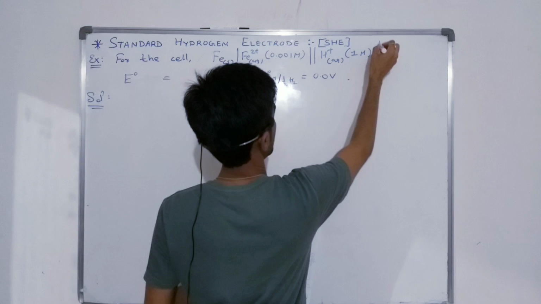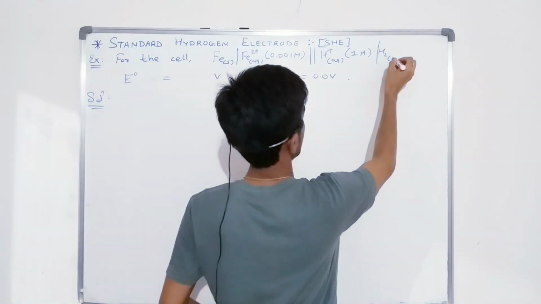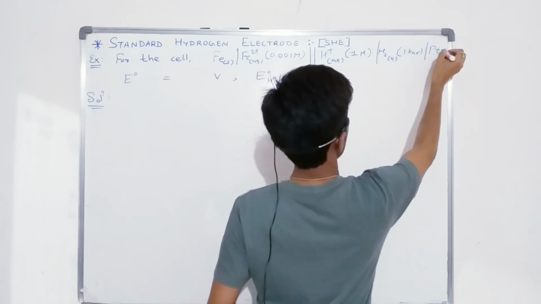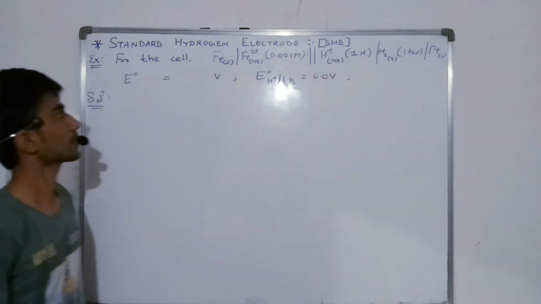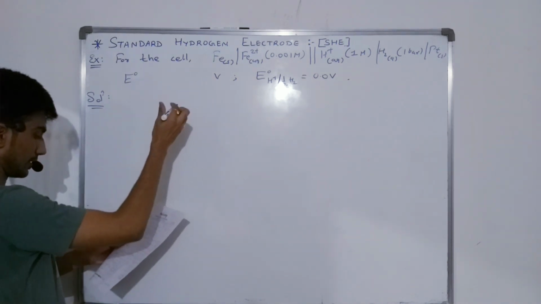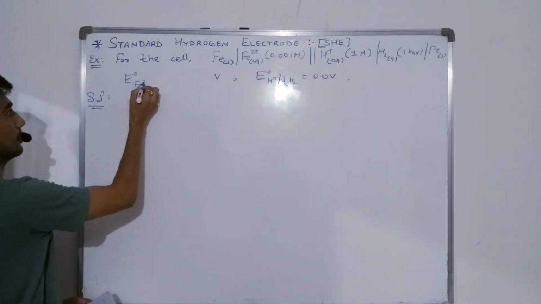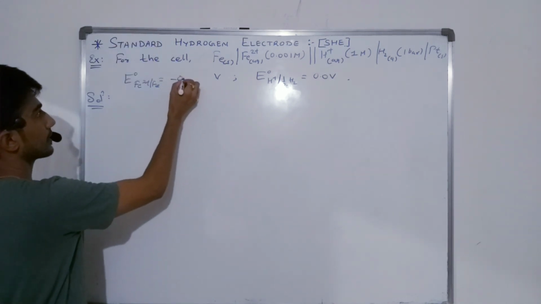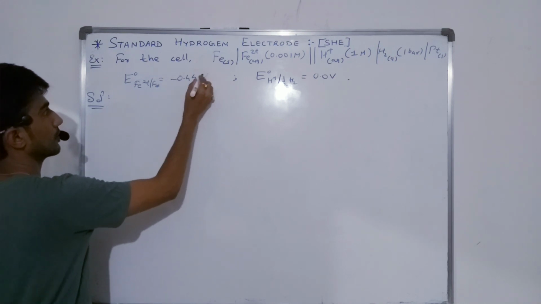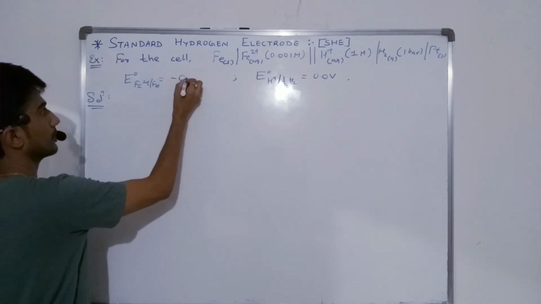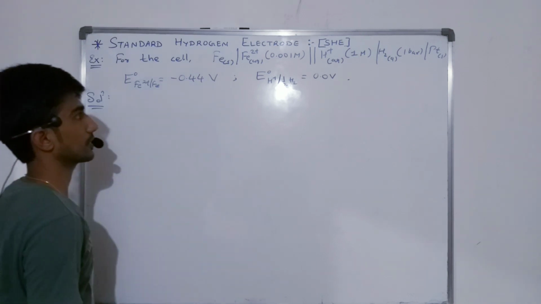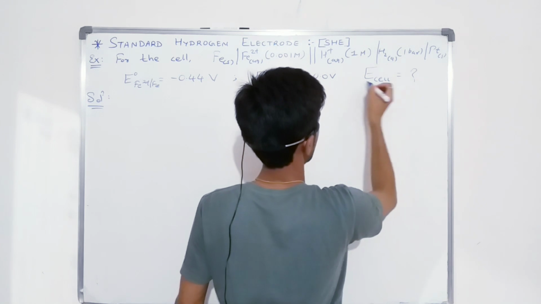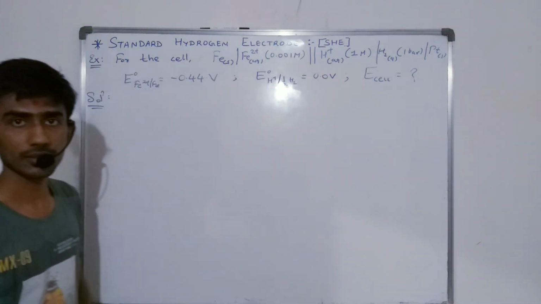They have given 1 molar H2 gas, 1 bar, platinum solid. Standard reduction potential of iron is minus 0.44 volt, and they have told you to find the cell potential or EMF of cell, right?